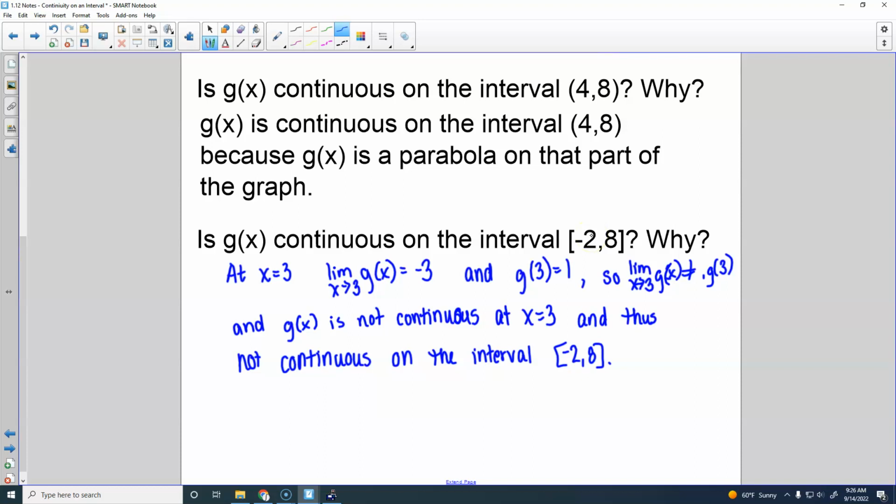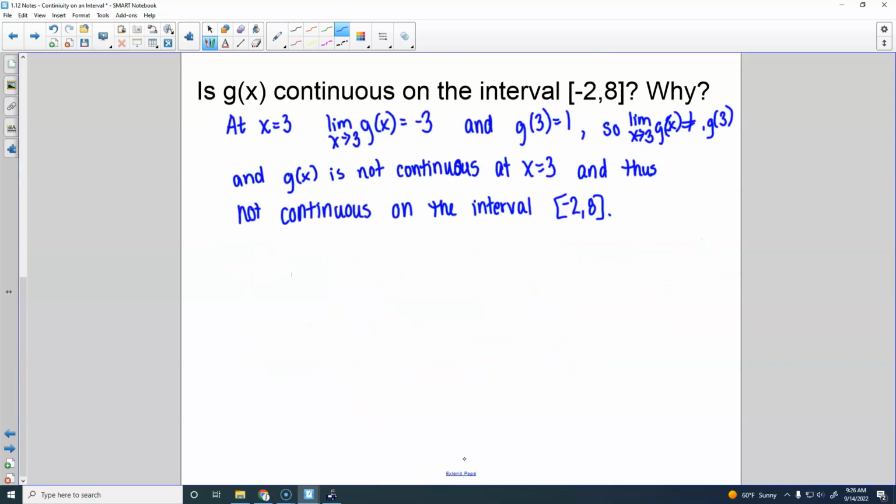It changes if the discontinuity is at the endpoints. So, for example, is g of x continuous on the open interval (3, 8)? I'm not going to explain that at length, but is it continuous there? Yes, because that does not include 3, and our discontinuity is at 3.